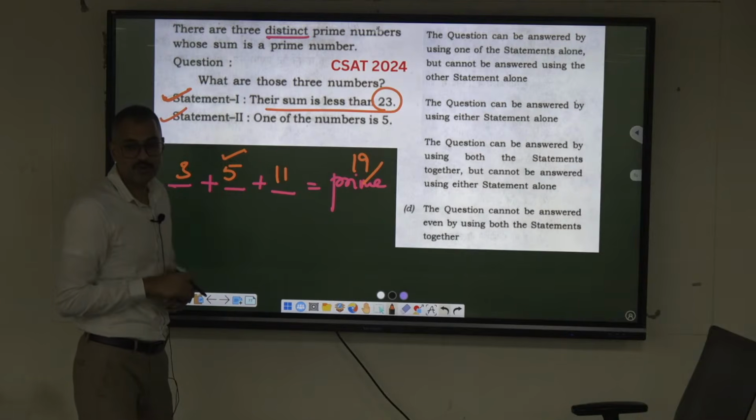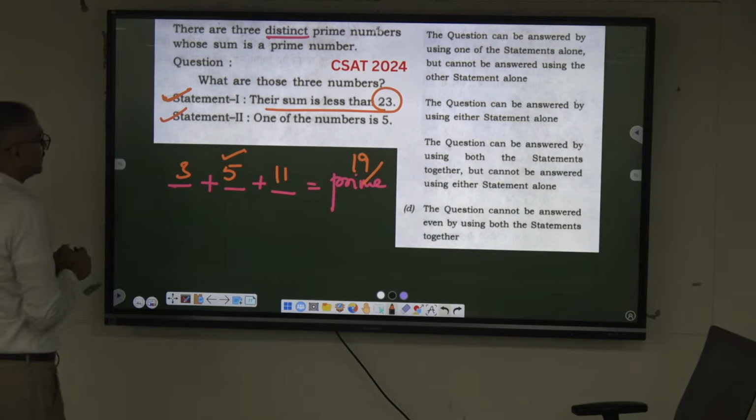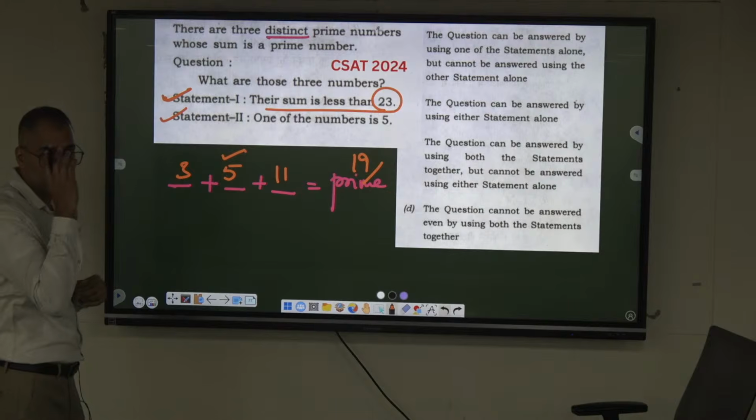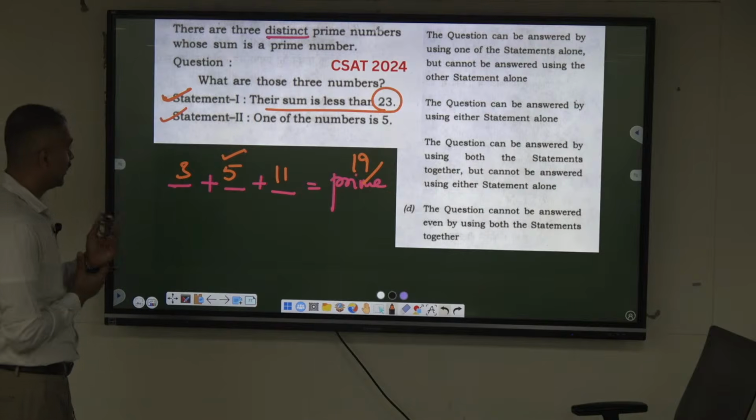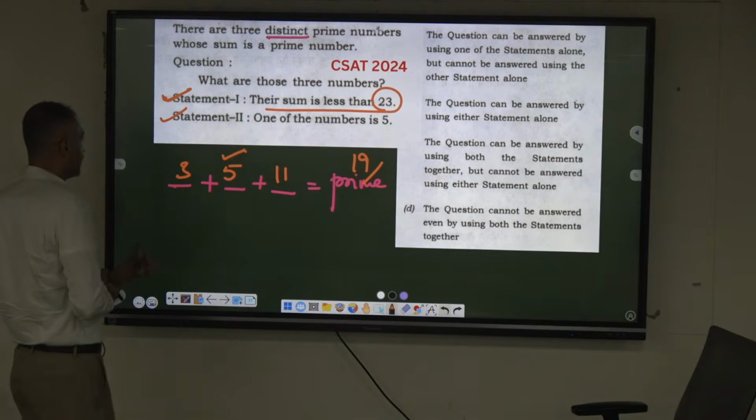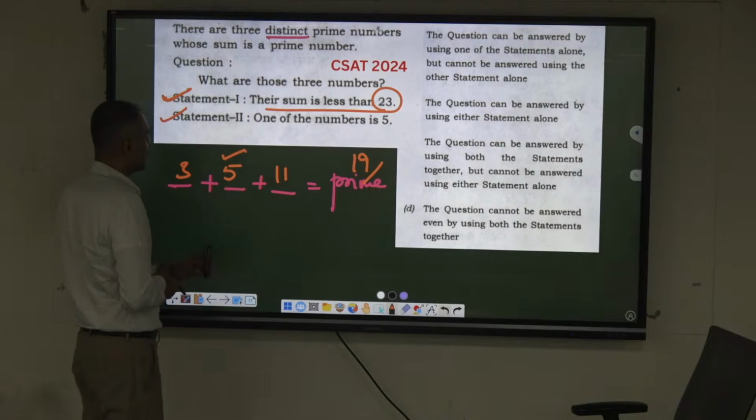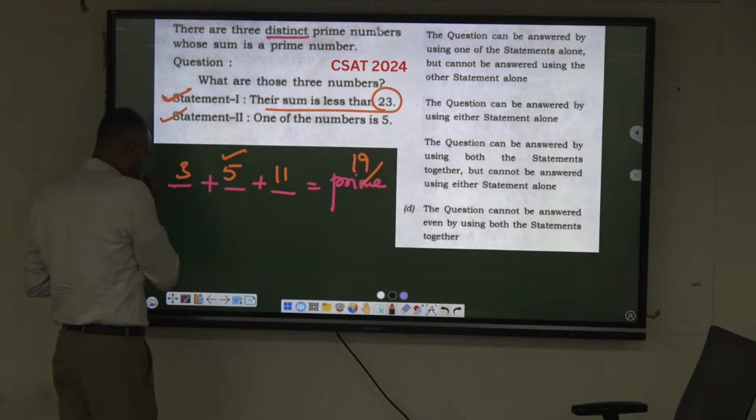Or else there is one more possibility. First statement: their sum is less than 23. Okay, statement 1 is necessary, but statement 2 is not necessary. Because see, look here now.